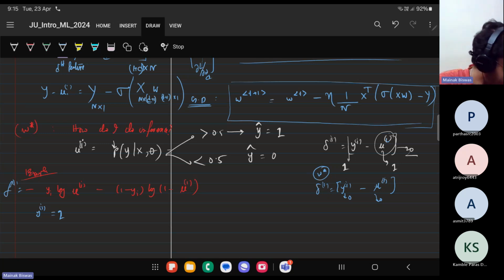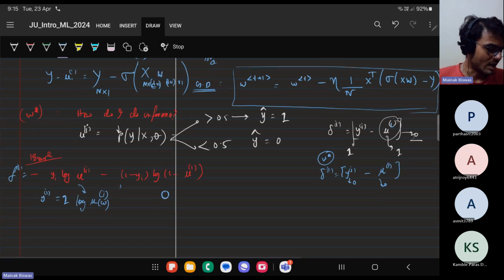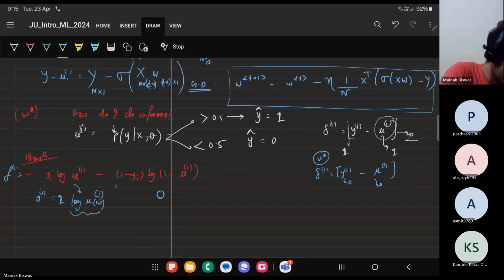This is very clear from these equations, right? What is the difficulty? The second half is cancelled, it goes to 0. And this is just log mu I, and this depends on W. So now this has to go to 0 also.